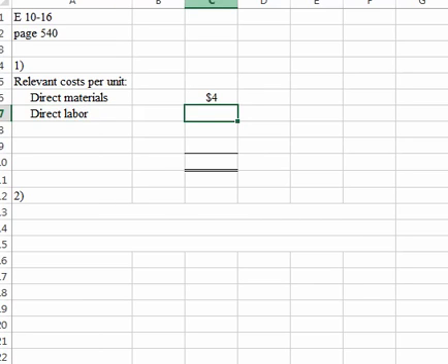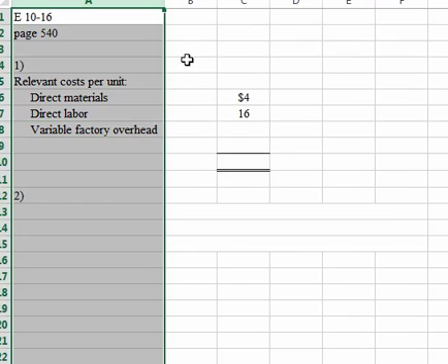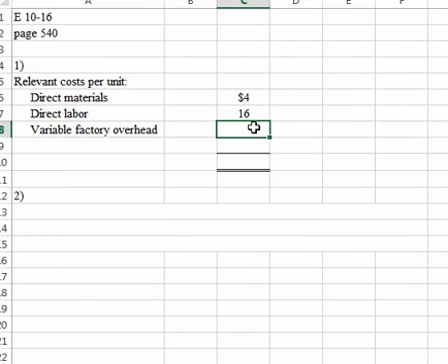There we have $16. Both of those costs are going to be present if we make the product in-house. Our variable overhead will be present if we make the product in-house. Variable costs are always relevant to the decision.